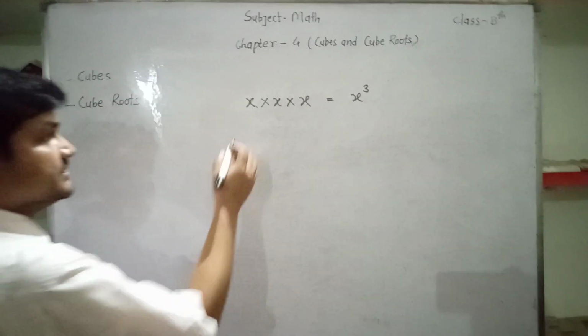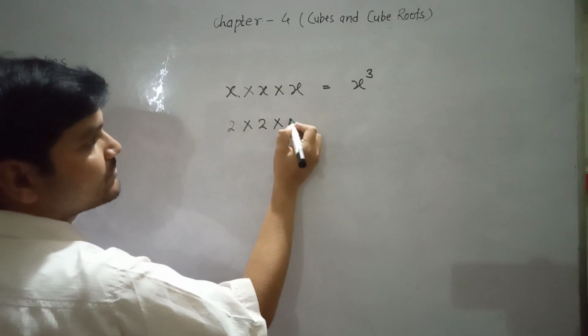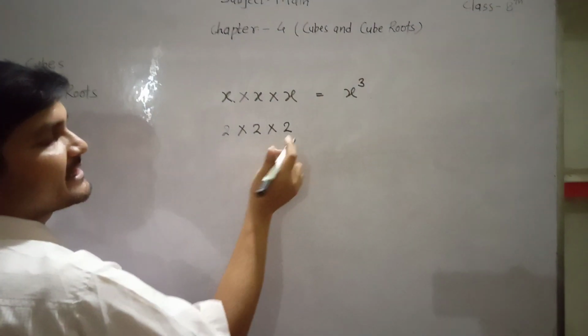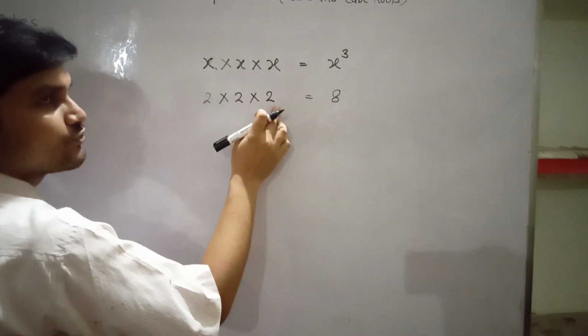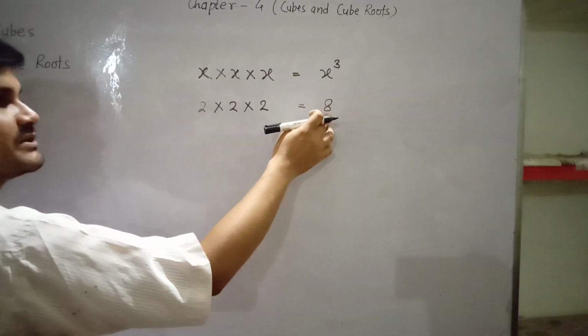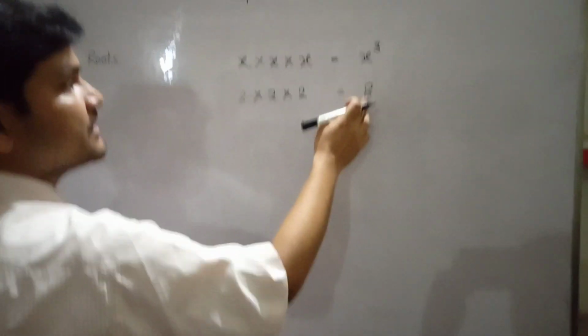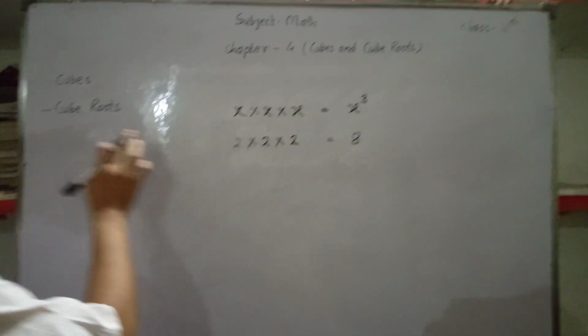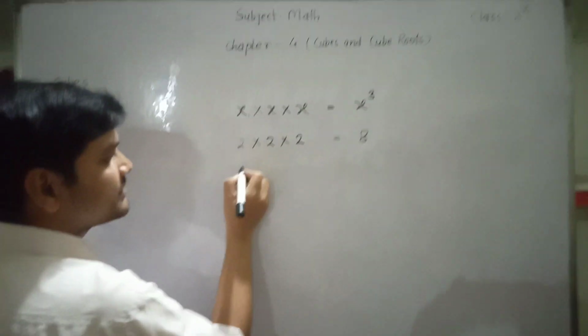For example, if we multiply 2 by itself 3 times, then the product will be 8: 2 times 2 is 4, 4 times 2 is 8. So 8 is the cube of 2. We will take some more examples.